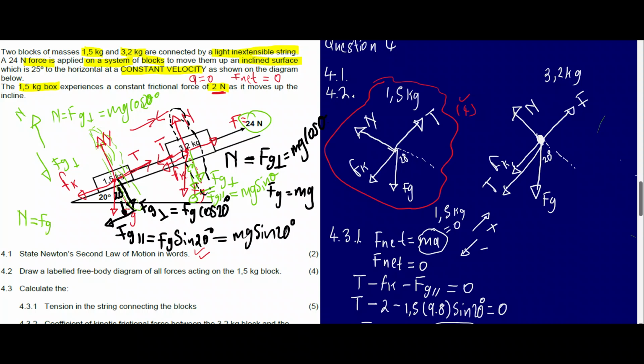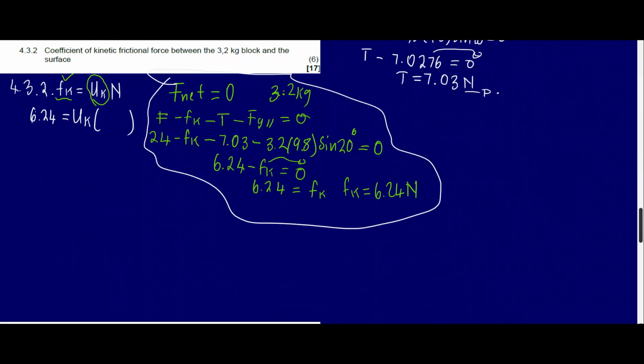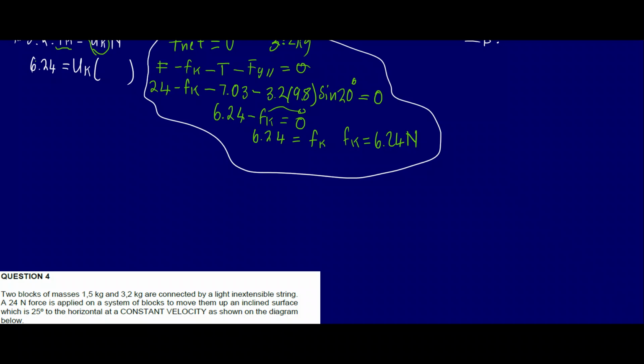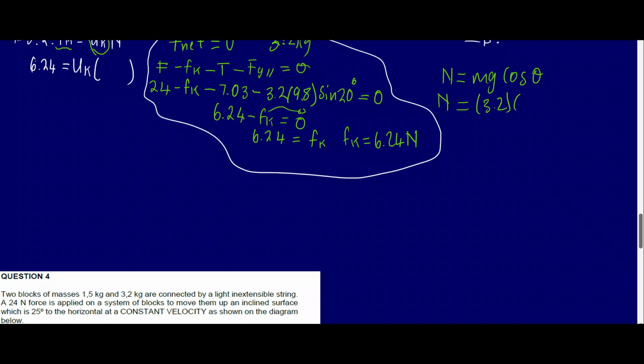So those two are directly equal. What's going up is equal to what's going down. So if that's the case, the normal force is mg cos theta. So I would simply write that the normal force is going to be mg cos theta.